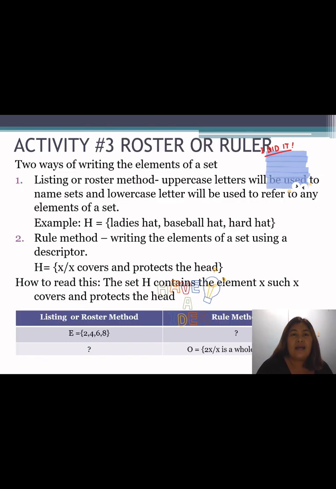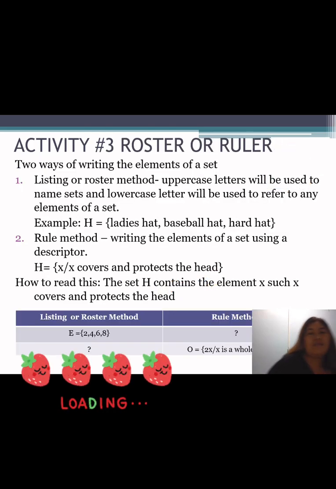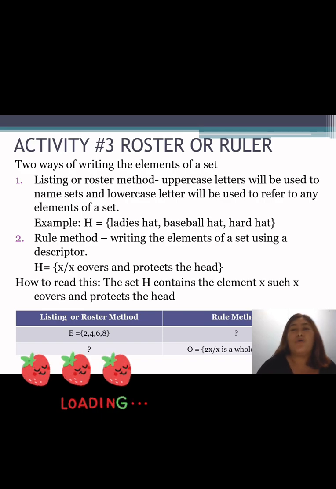And then last is activity number 3, which is the roster or rule method. 2 ways of writing the elements of a set. First is the listing or roster method. Uppercase letter, which is this one, will be used to name sets.